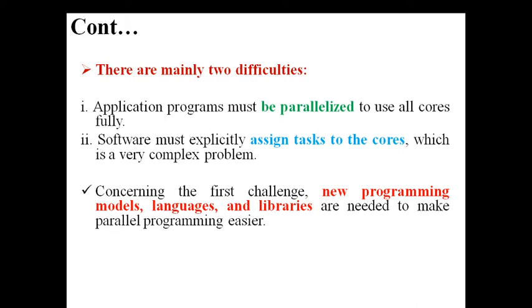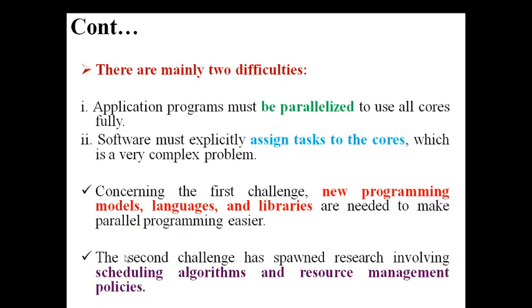Whatever type of application, we don't bother, but the application has to run on your core, that's it. For that, the conversion or portability concepts have to be developed by programming models, languages and libraries. The second challenge has spanned research involving scheduling algorithms and resource management policies.